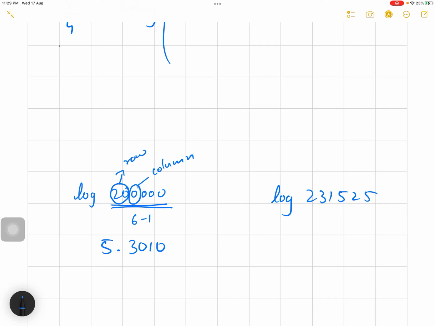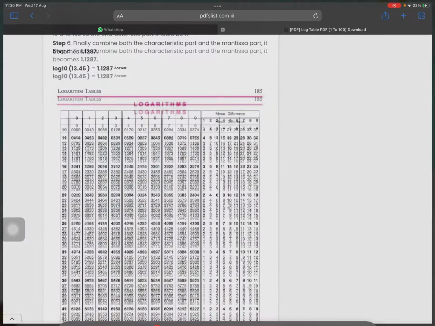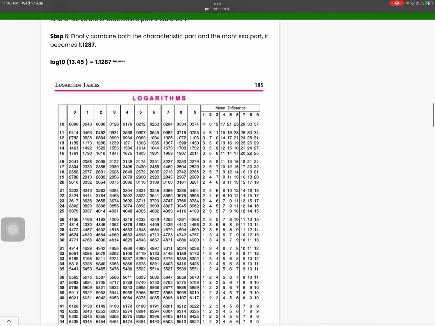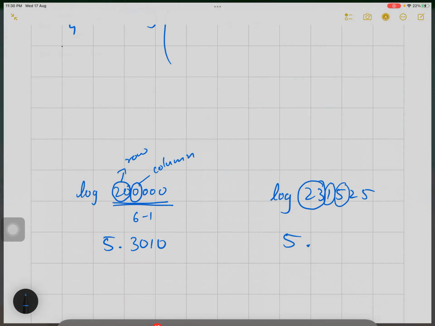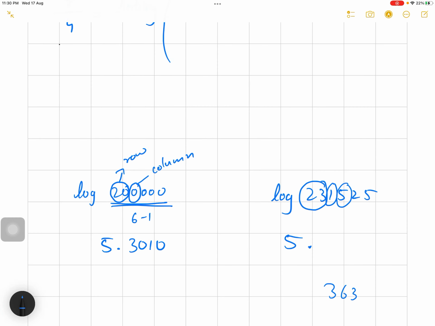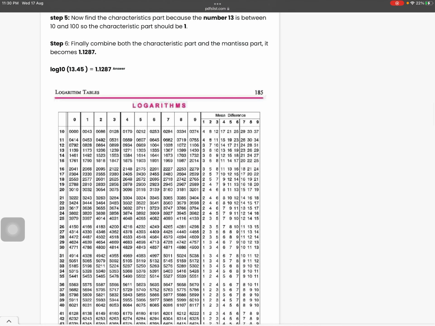Now here log 2,31,525, again there are 6 digits, 6 minus 1, so 5 point something. Column 23, row 1, mean difference 5. Column 23, row 1, that is 3636. So I'll just write 3636 and mean difference 5.